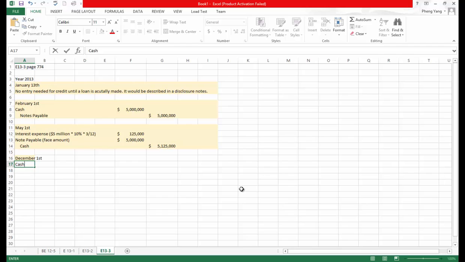So basically, with the credit line, we took cash. It was issued at a discount. So that discount is going to be calculated by taking that $10 million times the 9% times 9 months over 12.